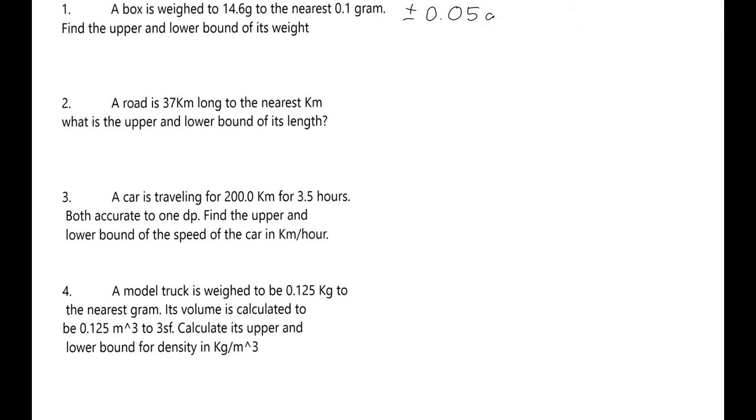0.05 grams. So our upper bound is 14.6, and we're going to add the 5, and notice that it's here on the second set of decimals, so the tenths, the hundredths, so we're going to put that there.